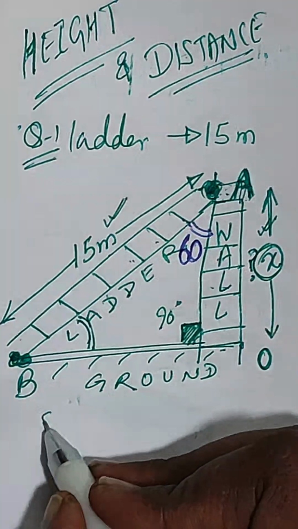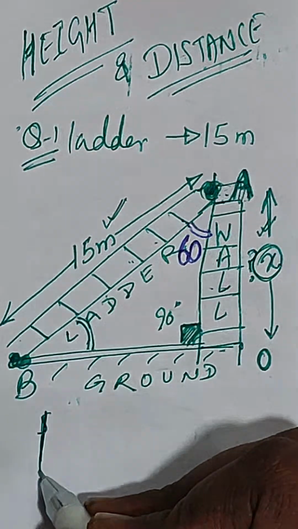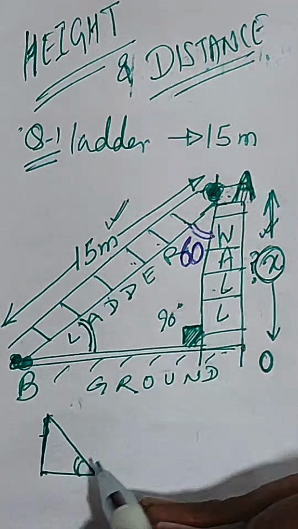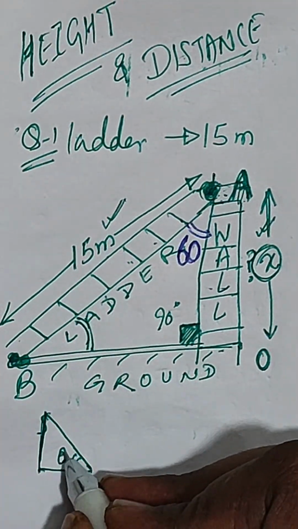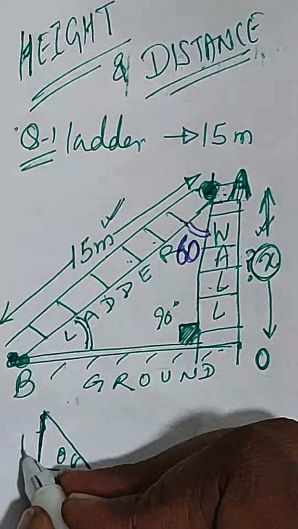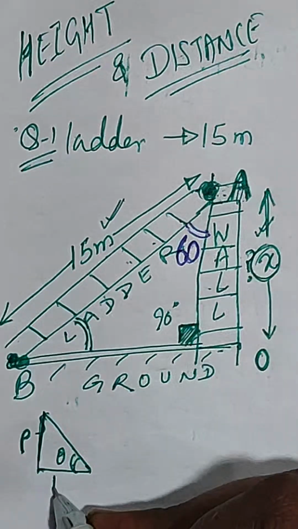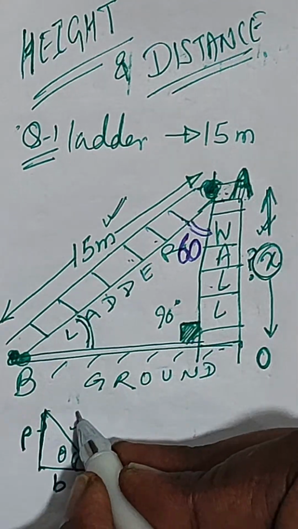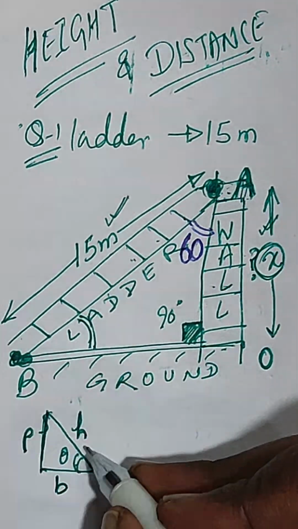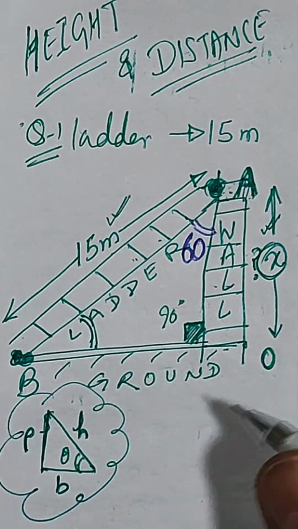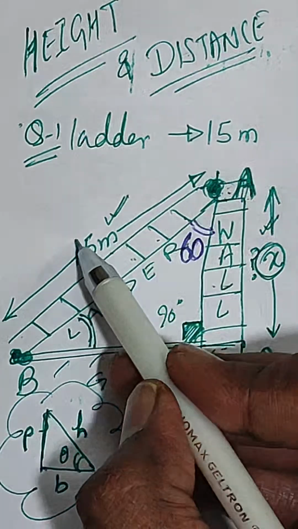If you recall a right angle triangle where you are applying the trigonometrical ratios and theta is the angle, then opposite to this was perpendicular, right? And here it was base, and here it was hypotenuse.